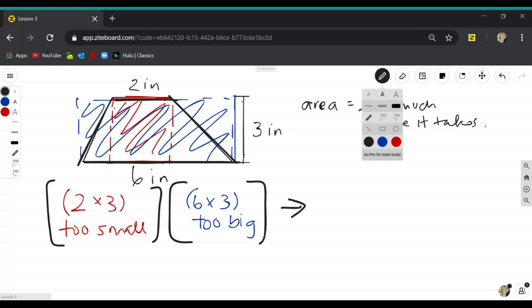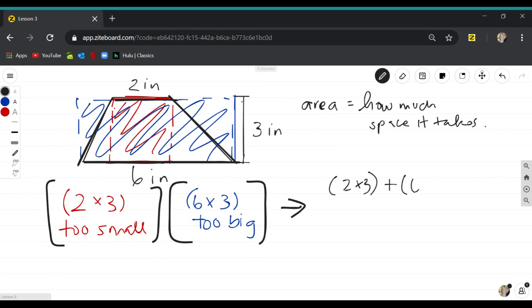So maybe I can find the average of it. What if I do 2 times 3 plus 6 times 3, and I divide that by 2 just to find the average, right?